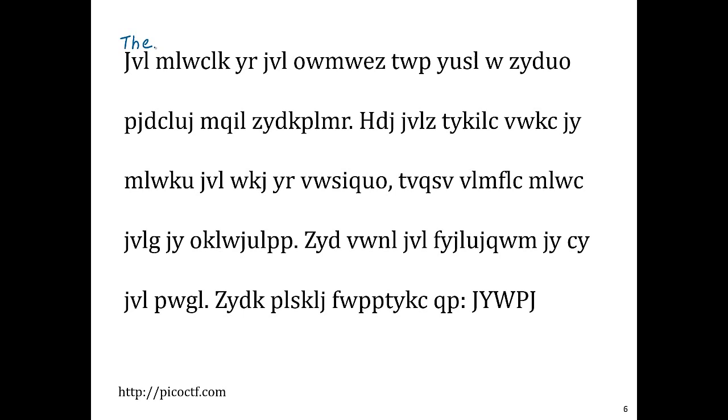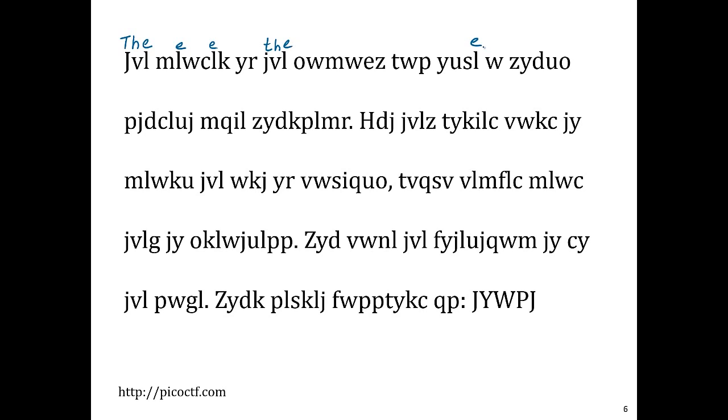At this stage, we would go through and replace all the J's with T's, all the V's with H's, and all the L's with E's. So, for example, here's an L, here's an L, here's an L. And we do this for the entire text.